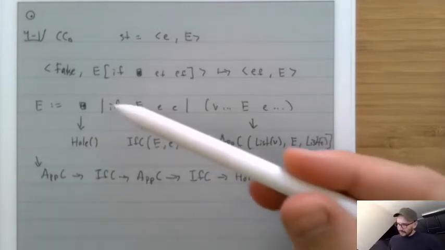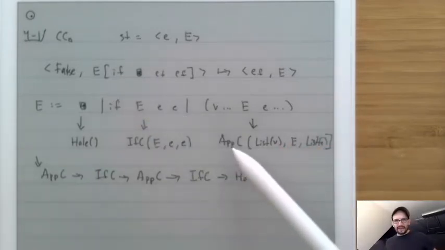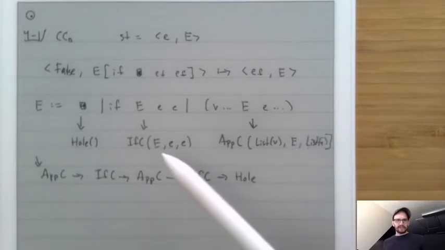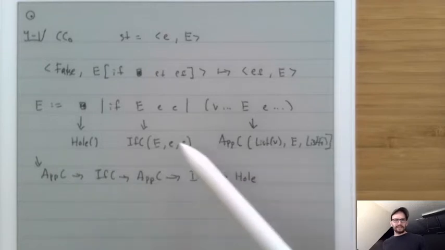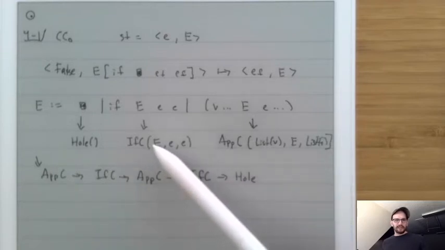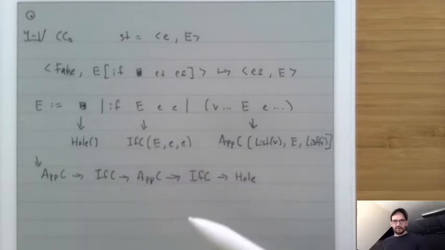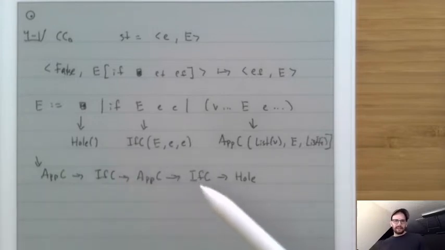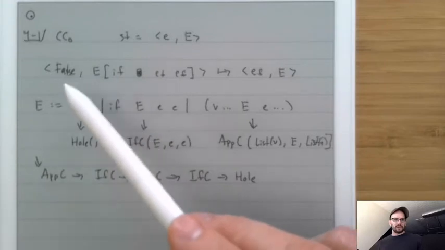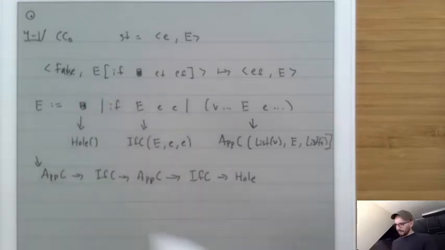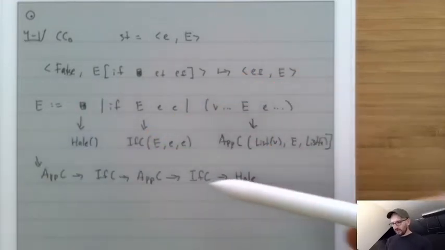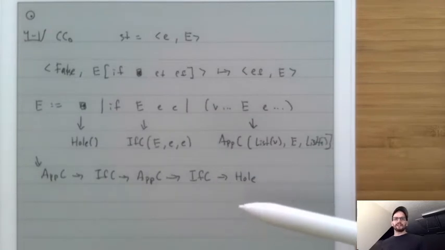That means it requires linear work for you to go inside of the appc, look at that E argument. Inside of the if, look at that E argument. Inside of the appc, look at that E argument. Inside of that, and find the ifc. Look inside of that and see that it's a hole.